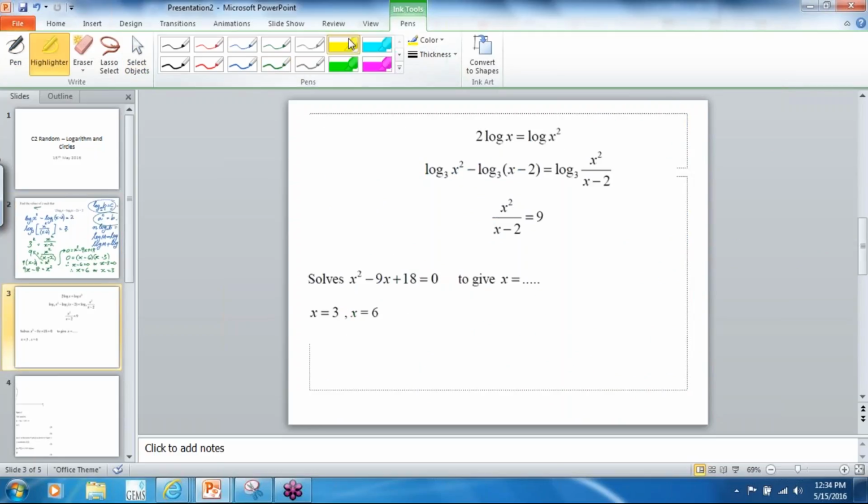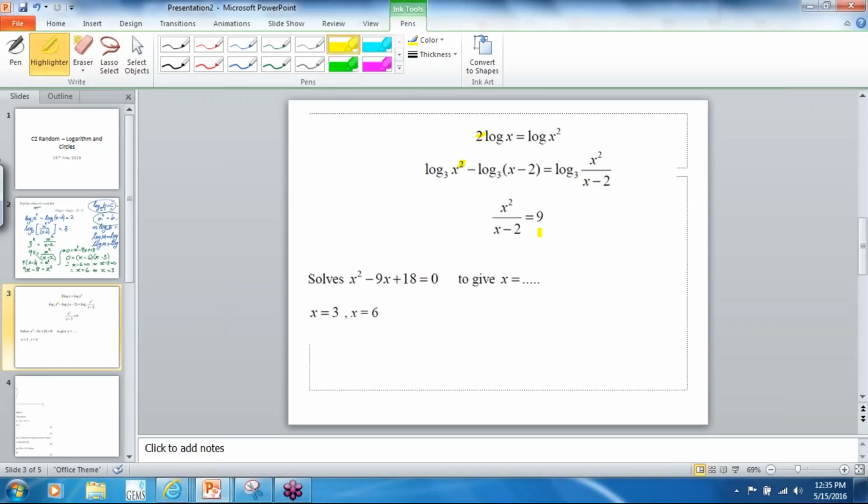Let's have a look at our solutions. We moved the 2 up here, and then we've said that rule is the log of m over n, and so we've replaced the left-hand side.